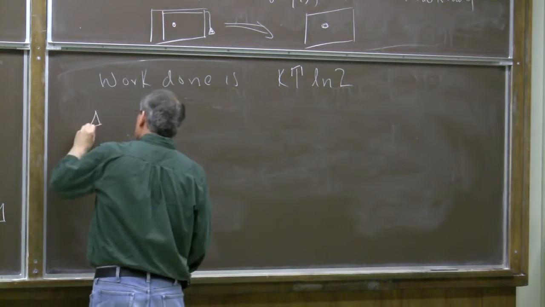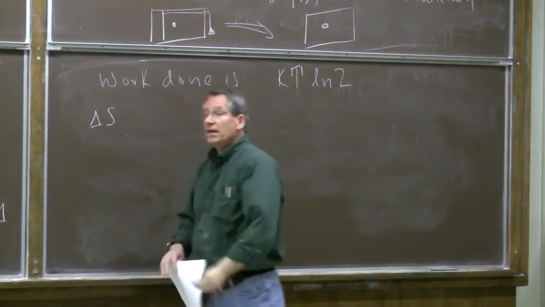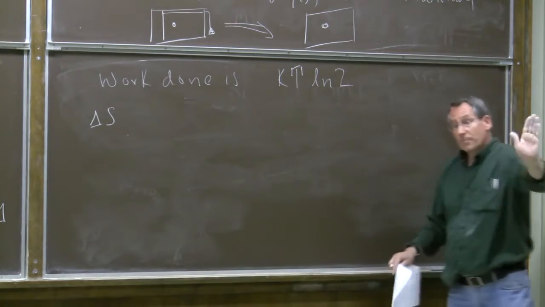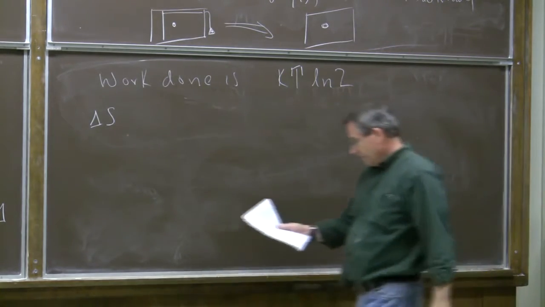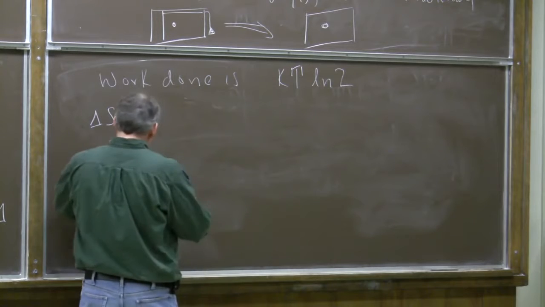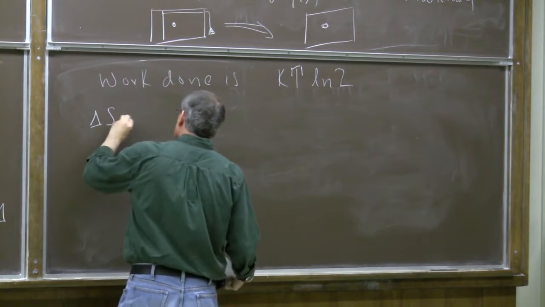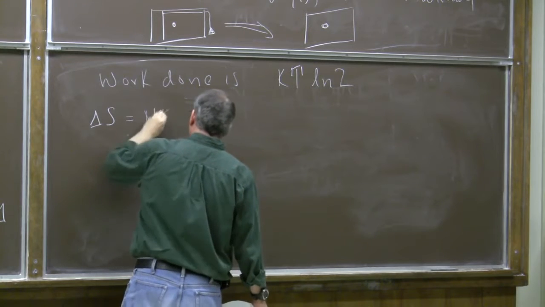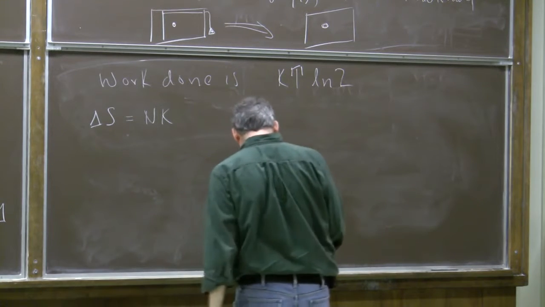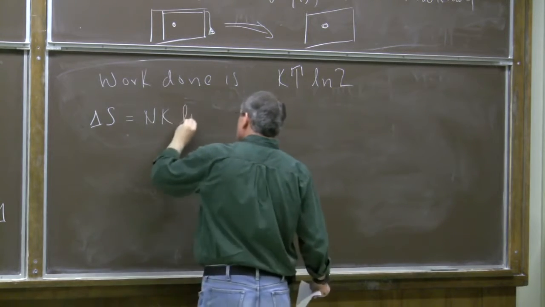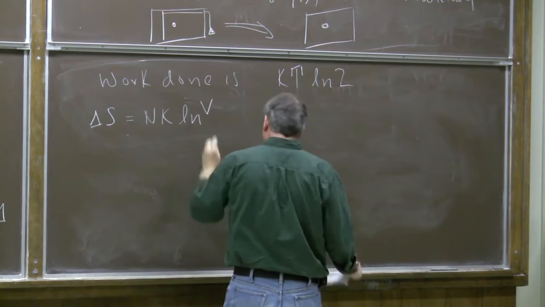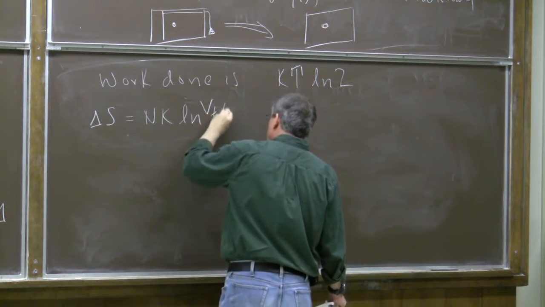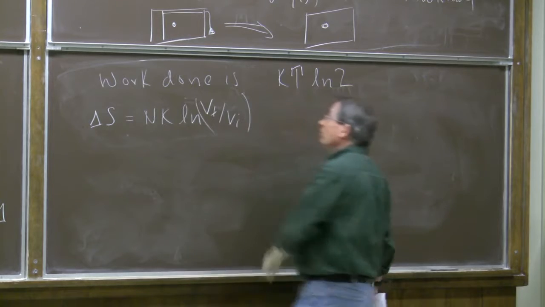So before we said that when the expansion occurs at constant temperature, the entropy increases by, so this is now the conventional entropy, so I should put in a factor of k, Boltzmann's constant, times the log of the final volume after expansion divided by the initial volume before expansion.